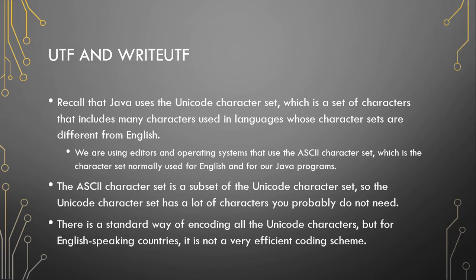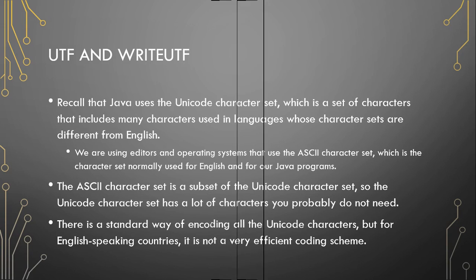There's a standard way of encoding all the Unicode characters, but for English-speaking countries, it's typically not a very efficient coding scheme because we're not going to need all those extra characters if we're just sticking to straight English. If we start pulling in multi-language support, or we're going to be broadcasting this across multiple different platforms, we might want to expand it to include the Unicode character set.